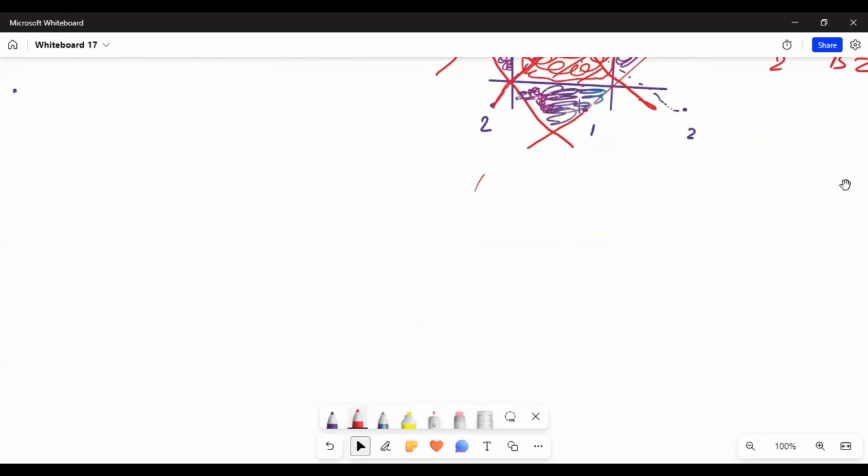Now let's move forward. In reciprocal space the scaling is 1 upon a. In real space it is a, so in reciprocal space it equals 1 upon a. We also know the wave vector k is 2 pi by lambda, which is similar to the reciprocal space, the k space.